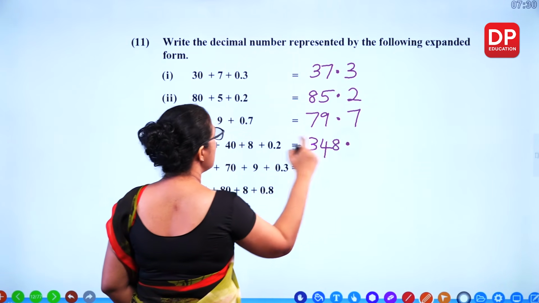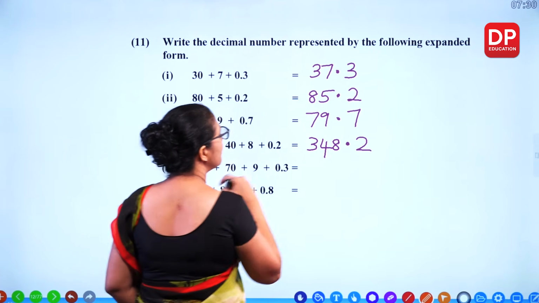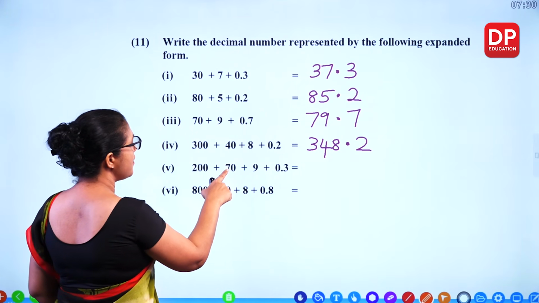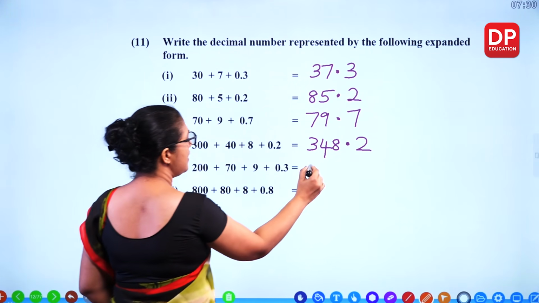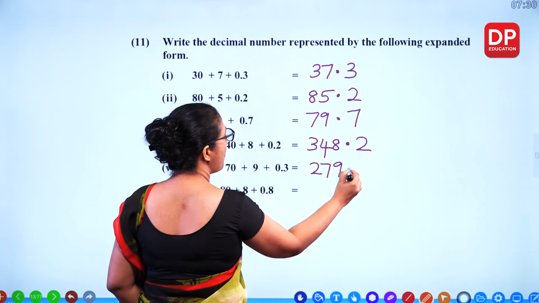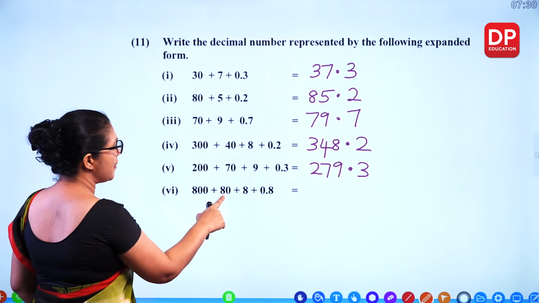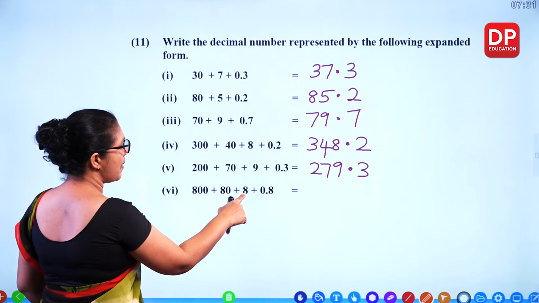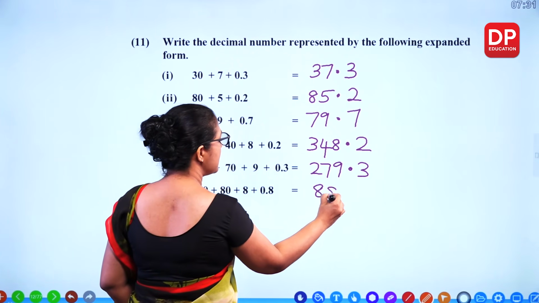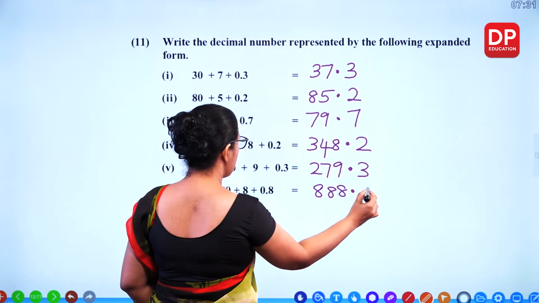And the decimal places you get 0.2. 279.3. 800 plus 80, 880 plus 8, 888.8.